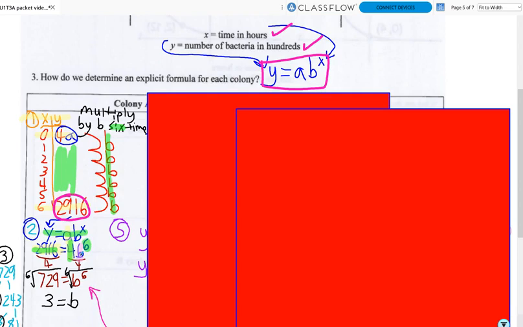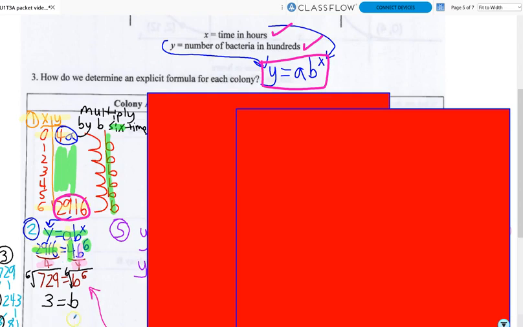And I'm going to use my solving or inverses to find out what the b value is. This is what I mean by using my inverses. First of all, I'm going to undo the 4 by dividing both sides of the equation by 4. When I do that, I end up with 729 equals b to the 6th.